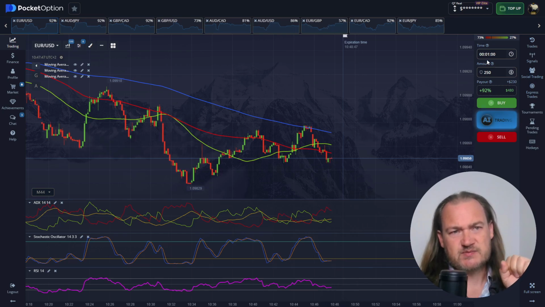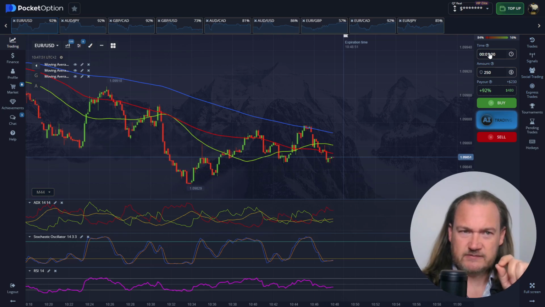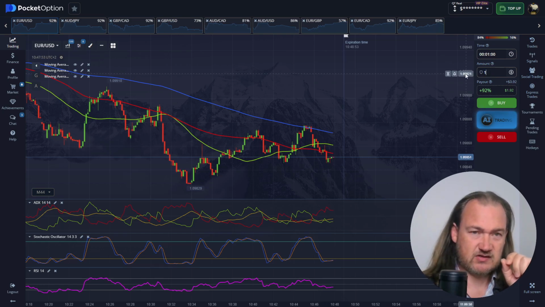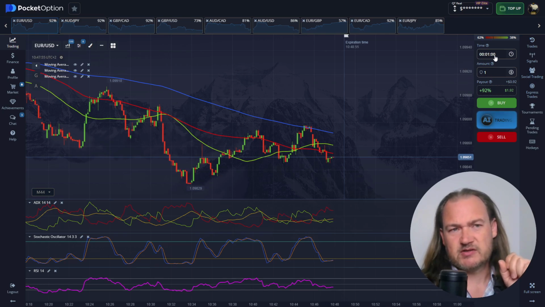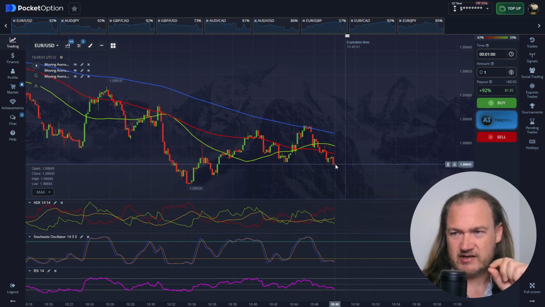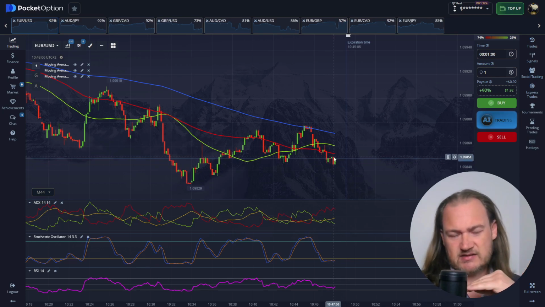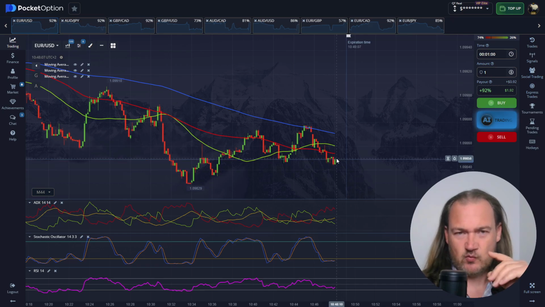Number one is my expiry times are from the time I take my trade. Let me give you guys an example quickly. I've got my expiry time set to 1 minute, so it's going to be 1 minute from the moment I enter the trade. It doesn't matter what time I take it, it's going to be for 1 minute.